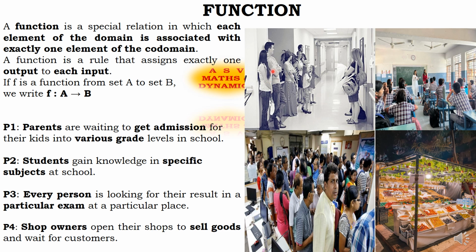The same person, the element, cannot meet another at the same time. So they want to go and meet one particular person. This is the process. If you say, sir, it is my wish, I will go anywhere, then it is a relation, not a function.